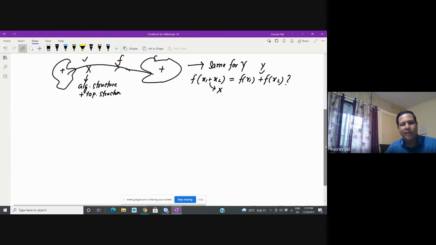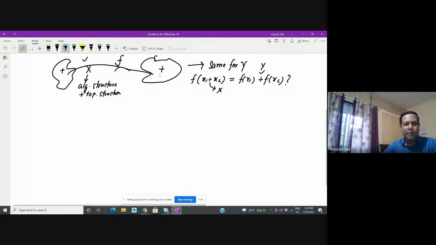Later on, you will find there is another structure called manifold structure on these sets. If you have a topological structure, you can talk about continuity. We shall see that. If you have a manifold structure, you can talk about differentiability.